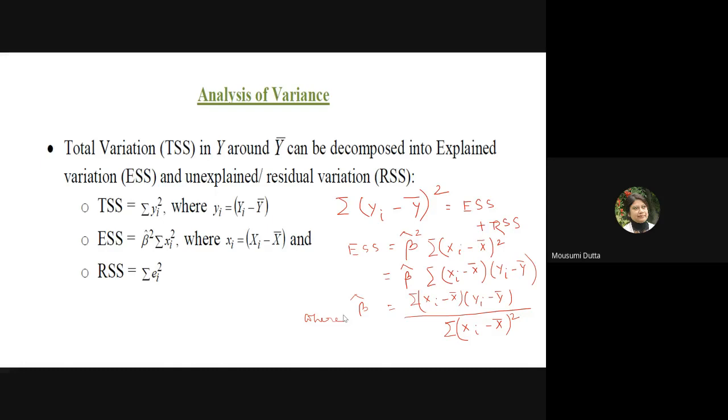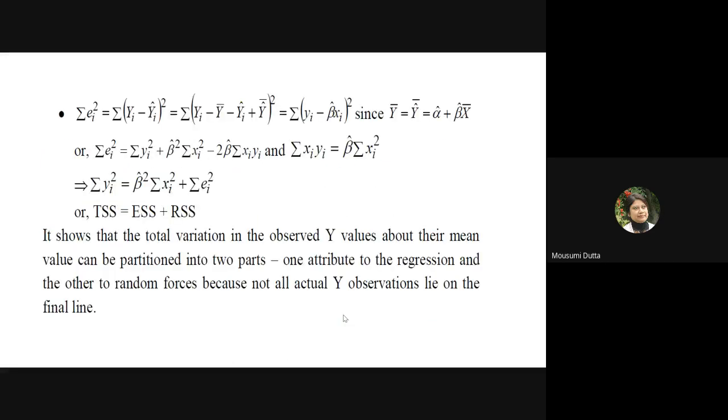Okay. And the other component is the unexplained part, the residual part, which we are calling the residual sum of squares. Okay, residual sum of squares. So this one, summation ei square, is the residual sum of squares. Okay, so we can reach at this equation if I start from summation ei square, the RSS part.